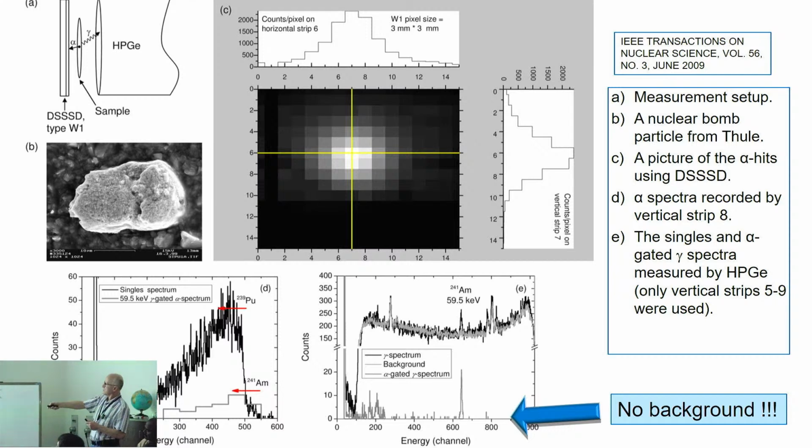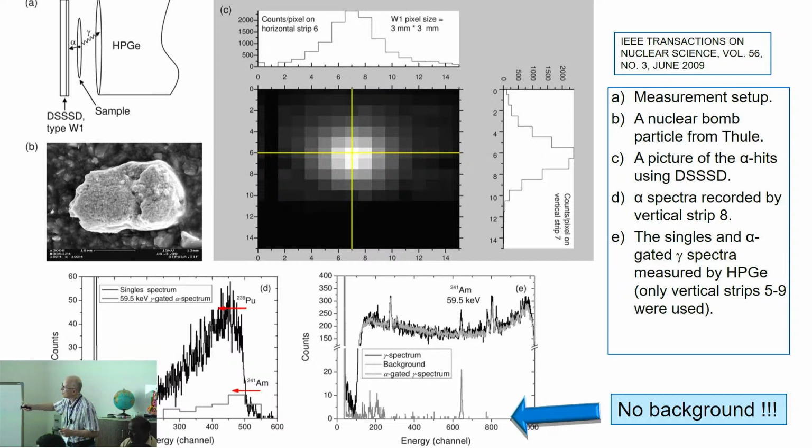In this case, picture E, it's a singles spectrum. Singles means it's a raw spectrum, the alpha singles spectrum. It is this black one here, and I guess the background is this gray one.